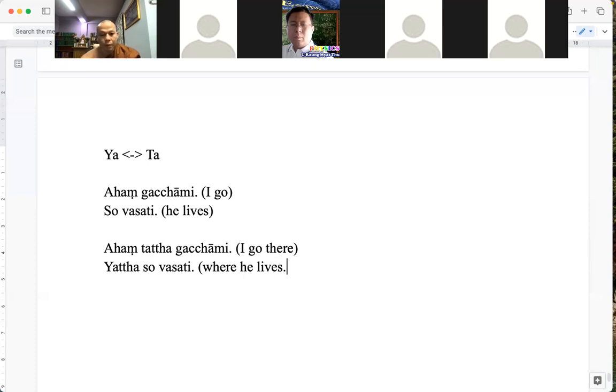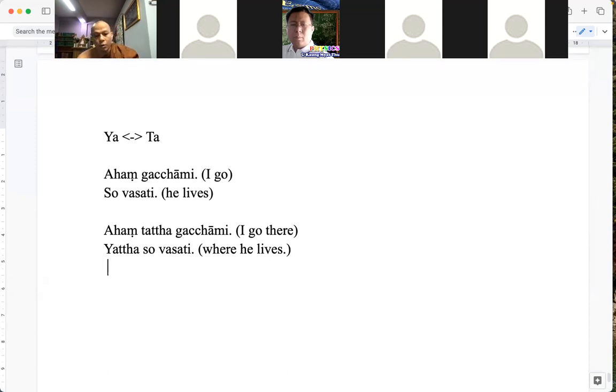Okay. So these two lines, sometimes when we join these two lines as a single sentence, sometimes the 'ya' sentence is first, sometimes the 'ta' sentence is first. Their position is not so fixed.